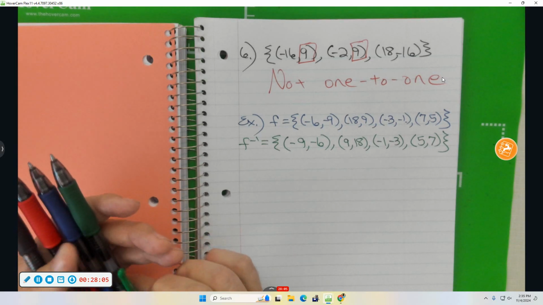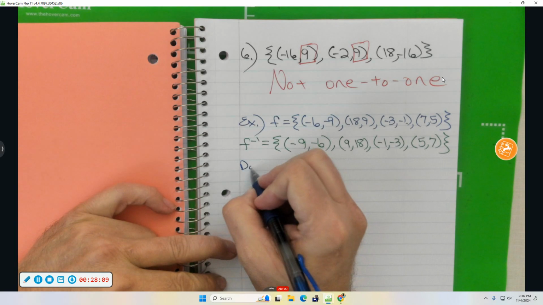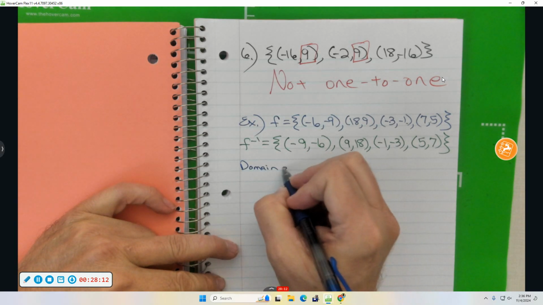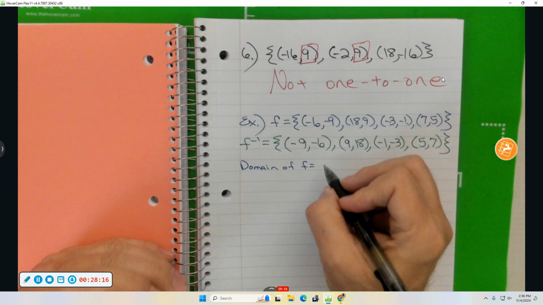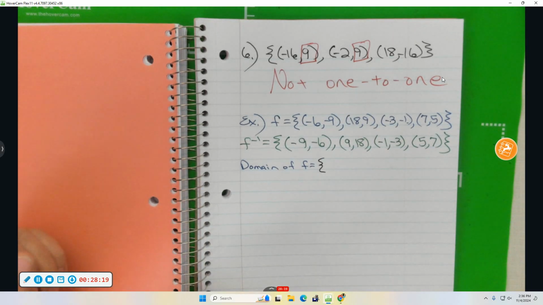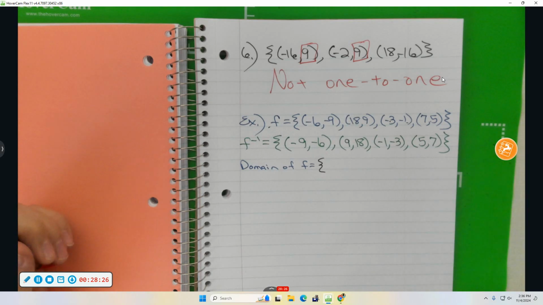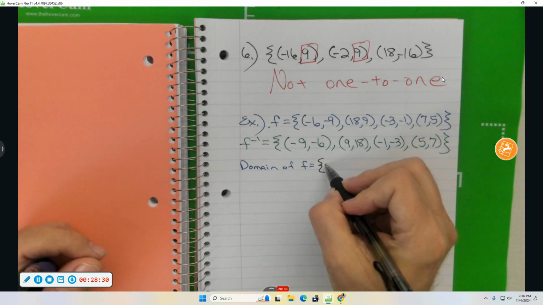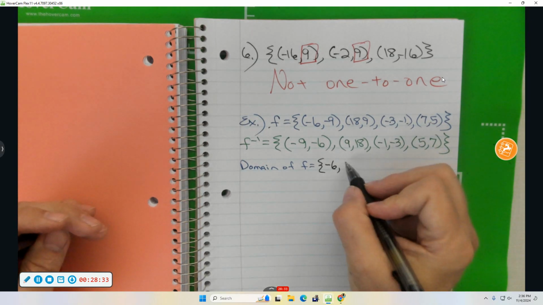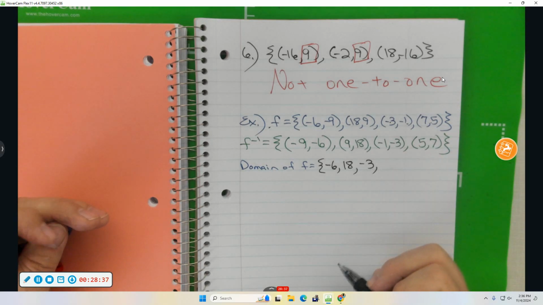And now I want to think of the domain. If I wanted you to tell me which numbers are in the domain of f, what numbers would be in the domain of f? The domain is the set of all x values. We're looking at the original function f. Which numbers are in the domain? -6, what else? 18, -3, and 7.